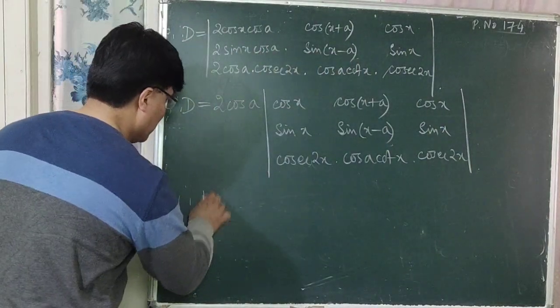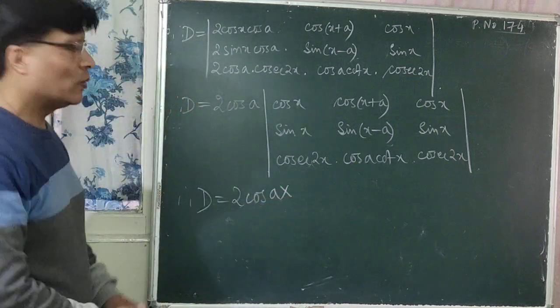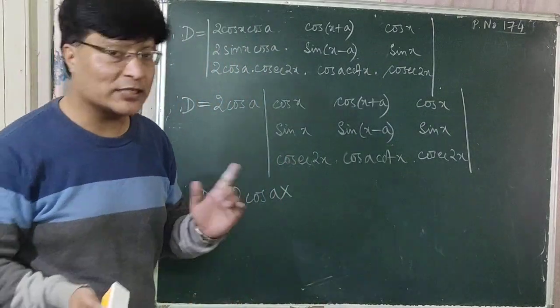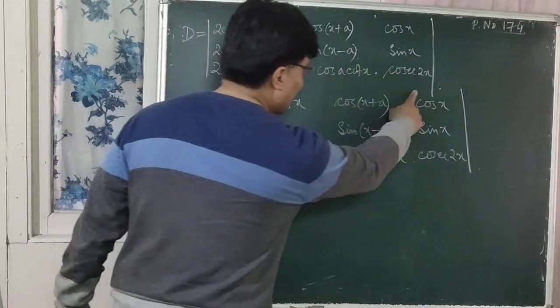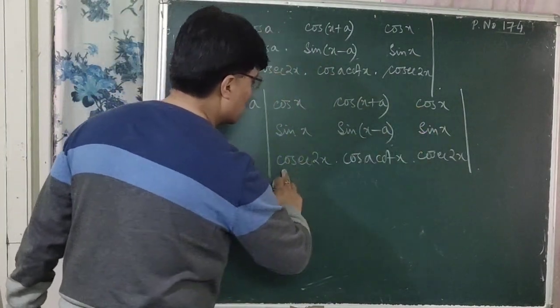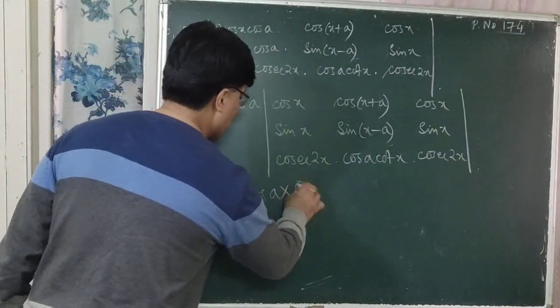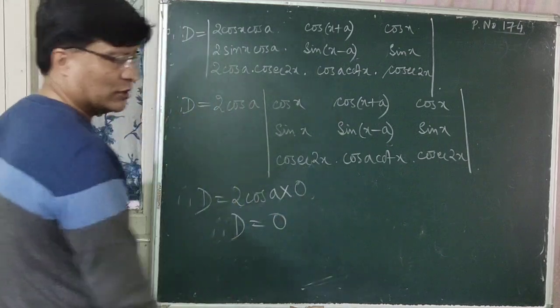Okay. Therefore, D is equal to 2 cos A into, what is the value of this determinant? Without expansion, you can write it. Its value is 0, isn't it? Because the first column and third column are the same: cos x, sin x, cosec 2x. So D is equal to anything into 0, which is 0.